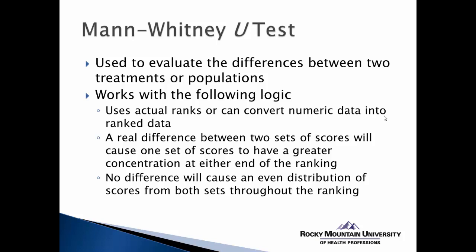And then if team B is not as good as team A, then their athletes are going to finish in the lower rankings. They're going to finish 15th and 16th and 17th and 18th. So when we have that kind of separation in the rankings between two sets of scores, that indicates a difference between those groups. And so the Mann-Whitney U Test is able to pull out those potential differences.